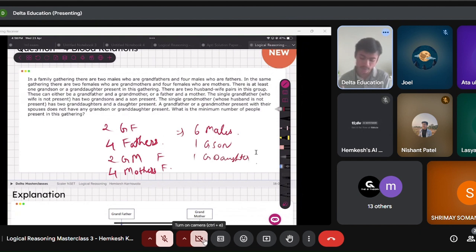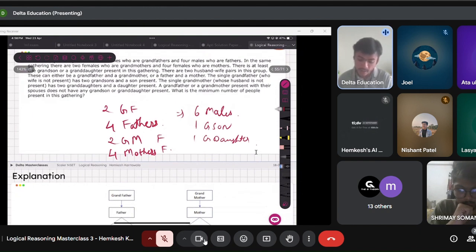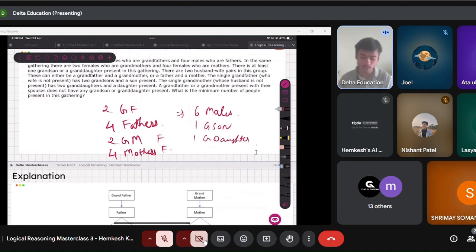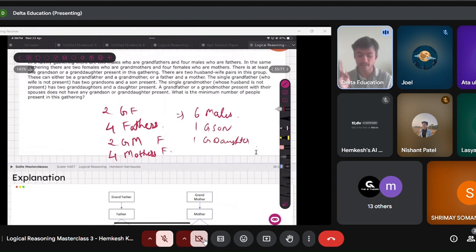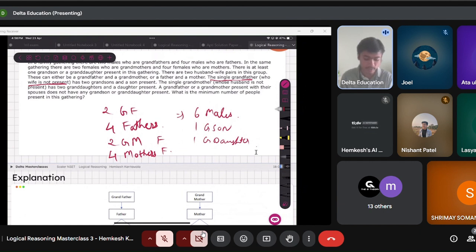There are two husband-wife pairs in this group, and this could be anyone: grandfather, grandmother, mother, father, etc. The single grandfather whose wife is not present has two grandsons and a son present.